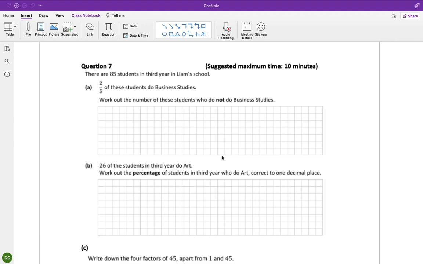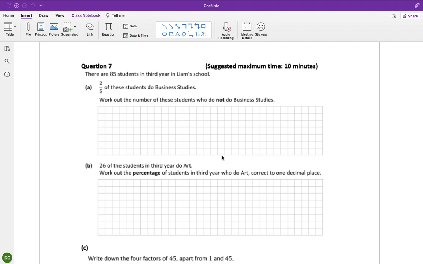And then that brings us to question 7. As I said, question 7 wasn't on the other paper, so we'll do it now. There are 85 students in 3rd year in Leams School. 2/5 do business studies. Work out the number of students who do not do business studies.